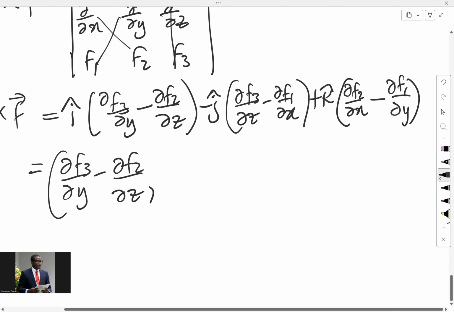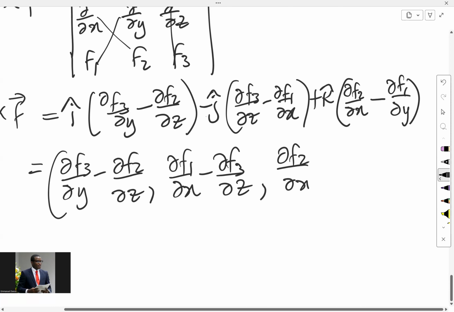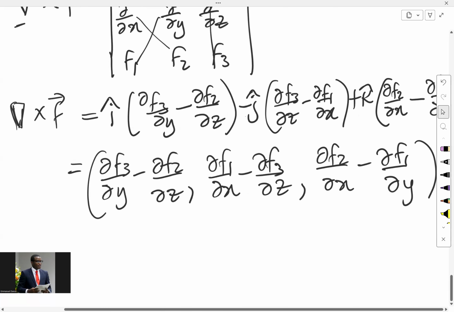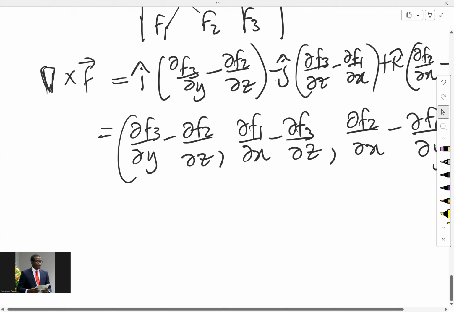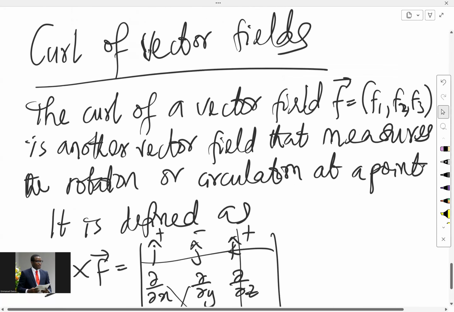Of course, this is minus, so if you move this minus inside, minus becomes plus, and we have partial F1 partial Z minus partial F3 partial X, comma. Then the last one, partial F2 partial X minus partial F1 partial Y. That is the cross product, the curl of a vector field.